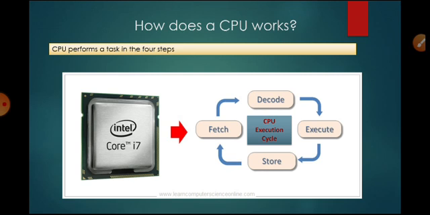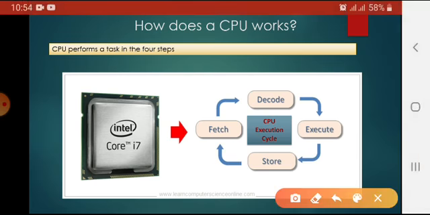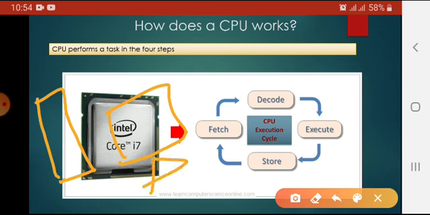Okay, first of all, have you ever thought how does a CPU work? Here we need to understand a concept of system unit and CPU. Normally we call the rectangular box which is placed beside your monitor the CPU, which is the wrong terminology for this rectangular box.